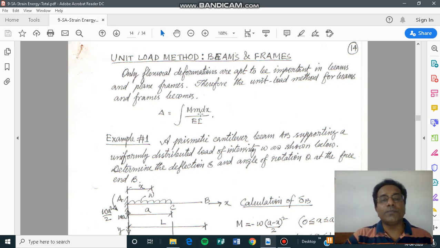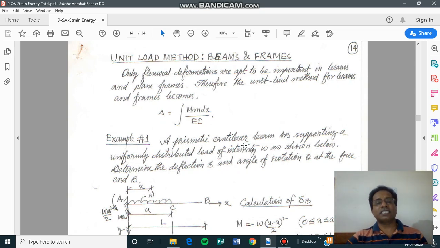Then what is the difference? The small m. For a given beam or frame problem, you remove all the external loads other than the end conditions. You keep the end conditions intact, but you remove the loads from the beams or frames. Then what next?